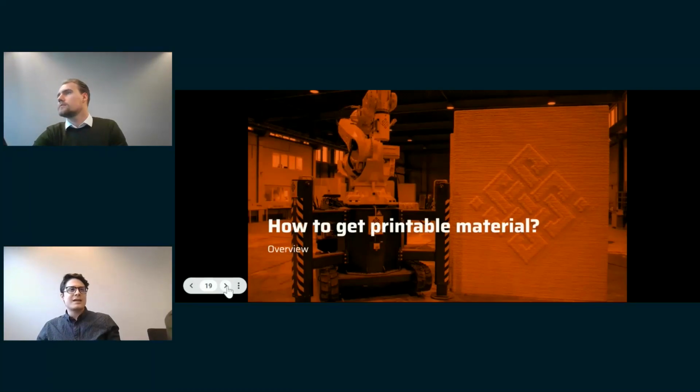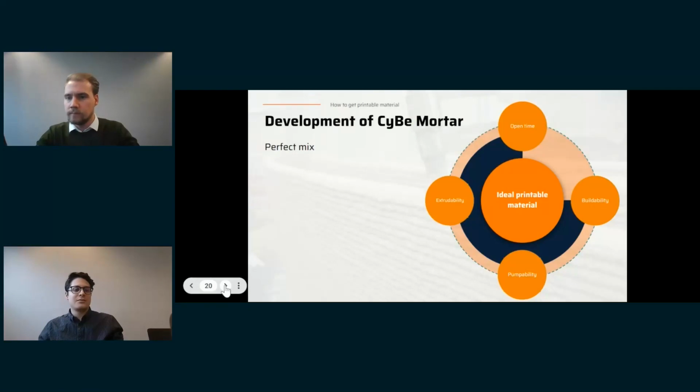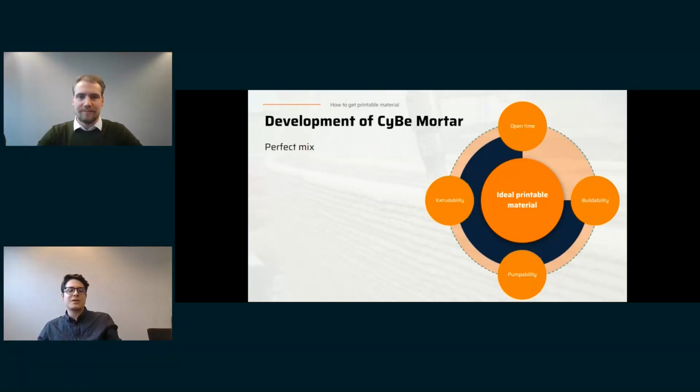So now we're going to get a little bit more technical, and I want to explain what is necessary to obtain a printable material. Developing material, I like to say, is like cooking. You need to find the recipe that fits you, because in 3D concrete printing there is a large variety of mixes and a large variety of robots.